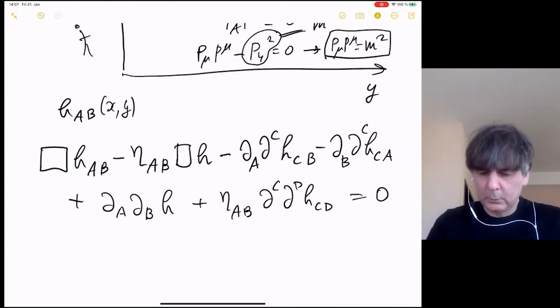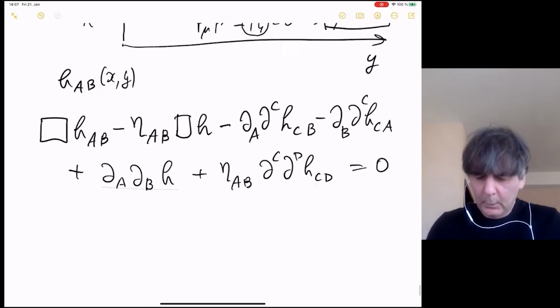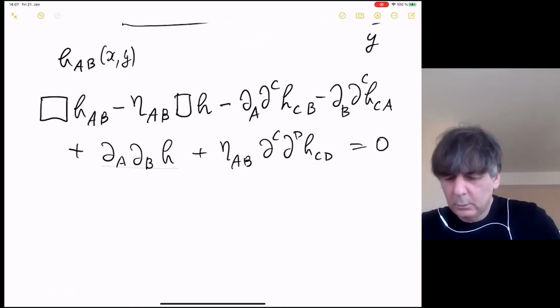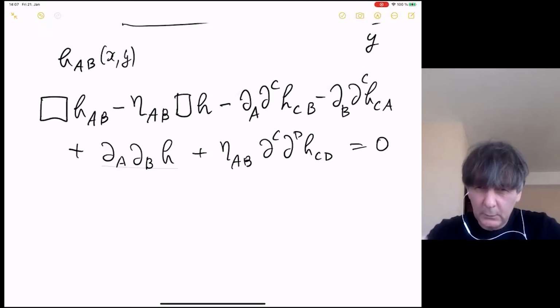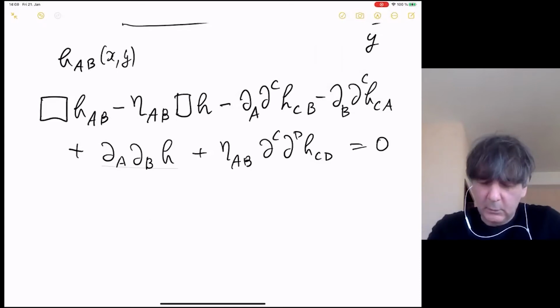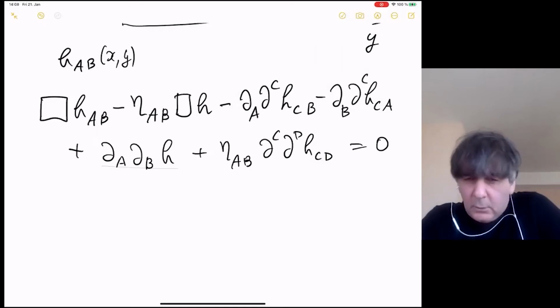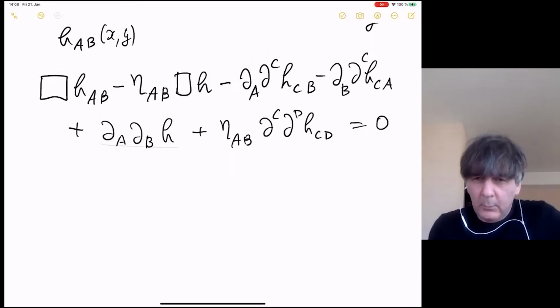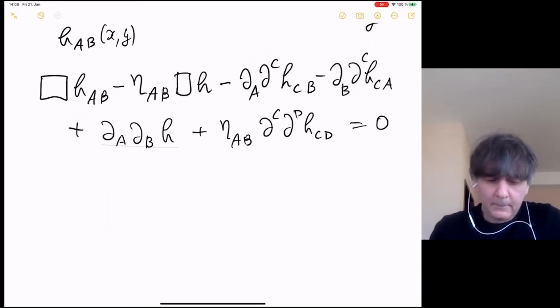So there is this equation of motion. Now what we can do is dimensionally reduce this equation of motion, in other words, rewrite it from the point of view of Bob. So this is the equation of motion for Alice. Alice knows that this is a massless graviton in 5 dimensions.